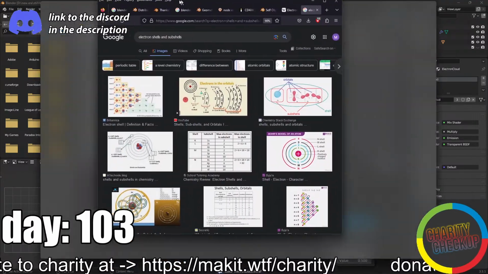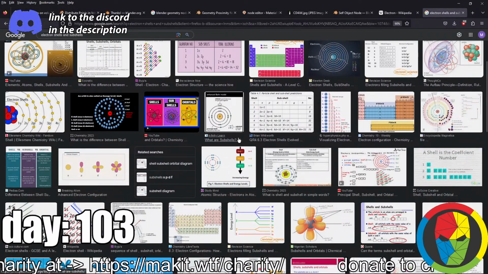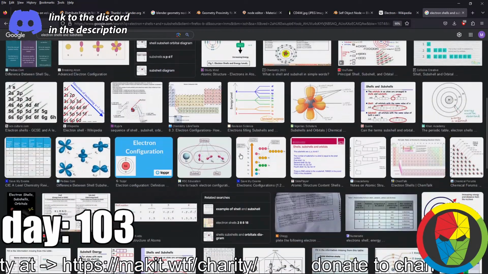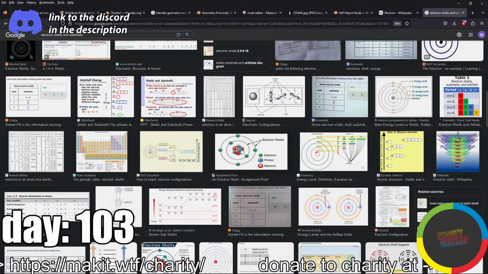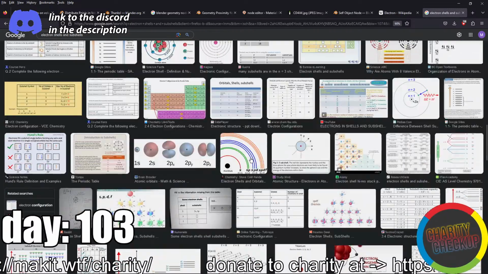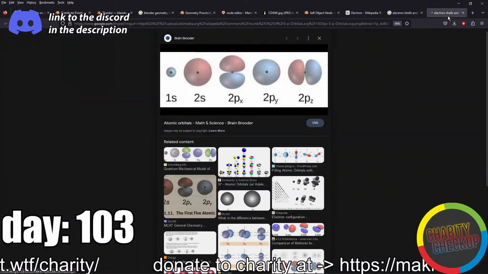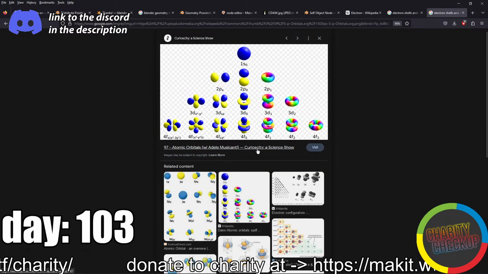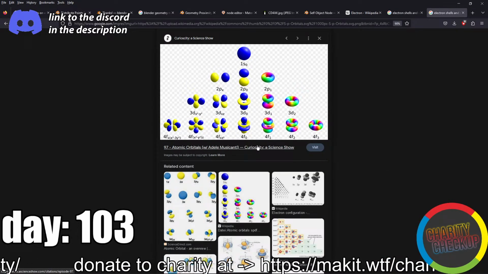Now we need all of them, shells and subshells. It's orbitals, that's what it is, obviously. We have this, which is good. You have to model all of them.